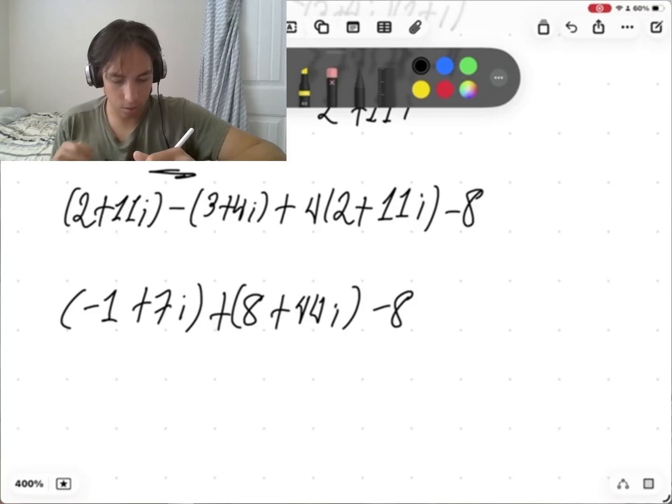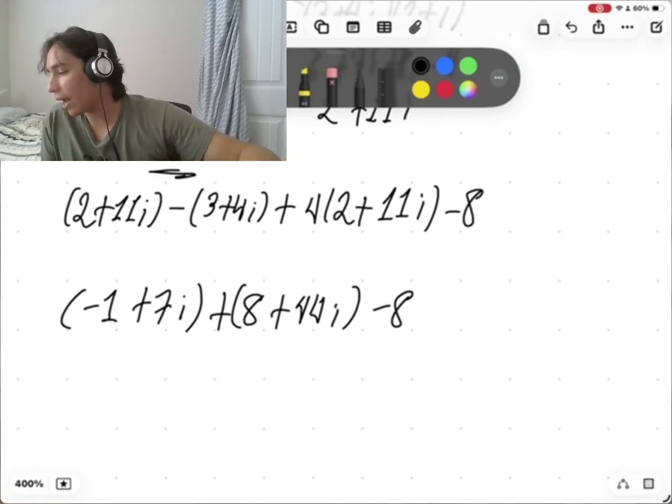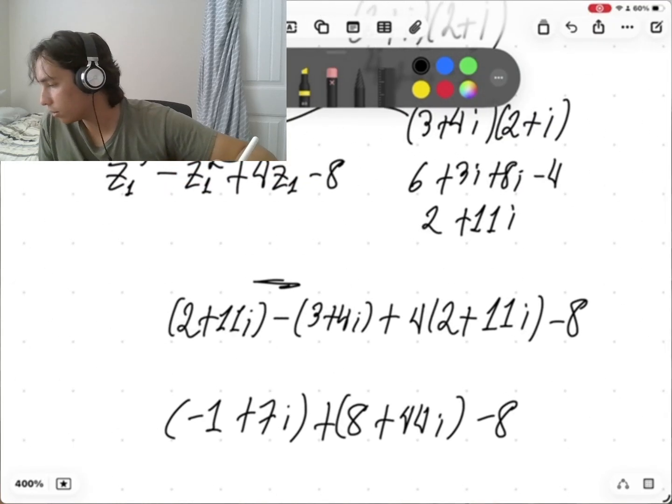Right? I think I am not getting... The answer is negative 7 plus 3I. What am I doing wrong?